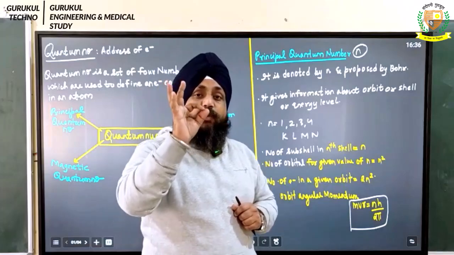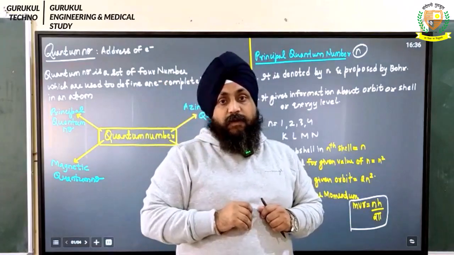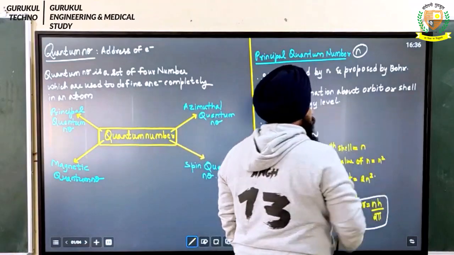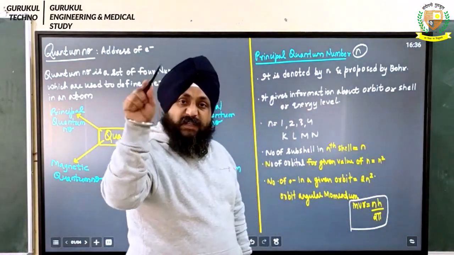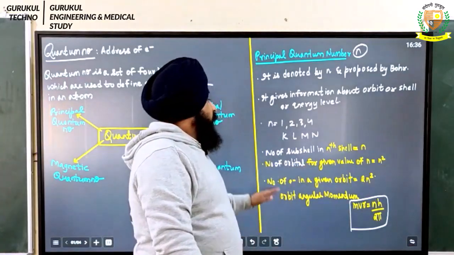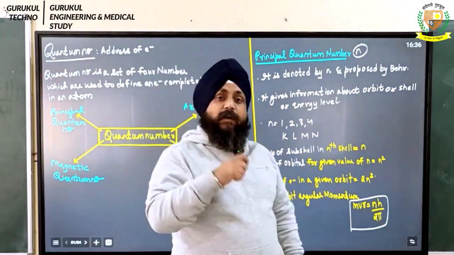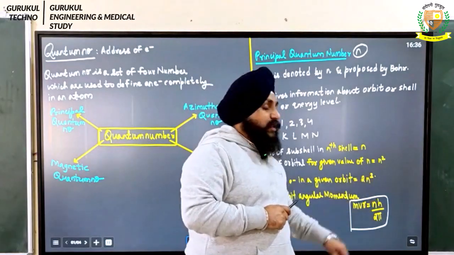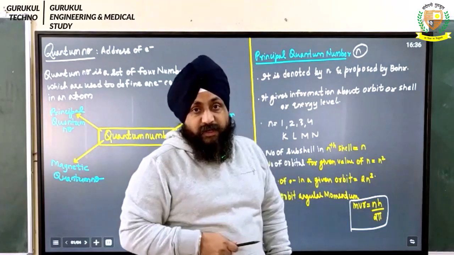In s, there is only one orbital. So 1 squared will be 1, so there will be only 1 orbital. Number of electrons: if there is only 1 orbital, you say 2 into 1 squared, so it will again be 2.